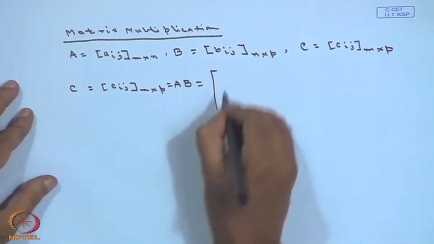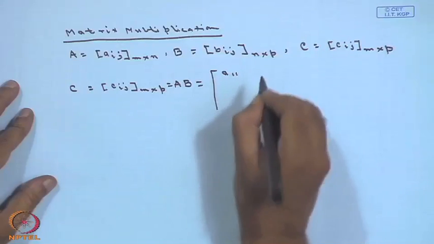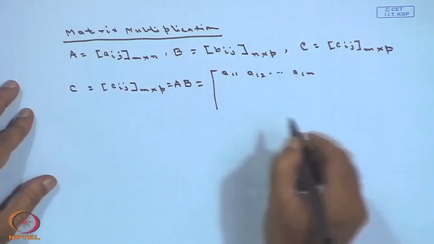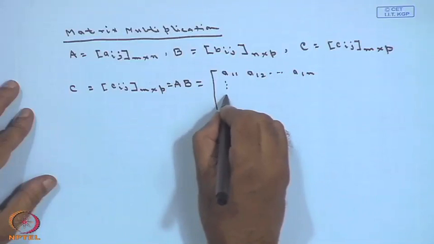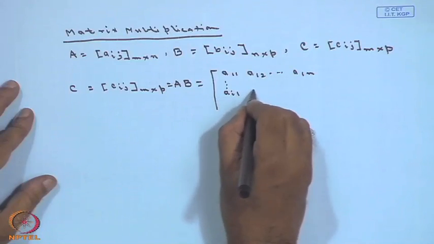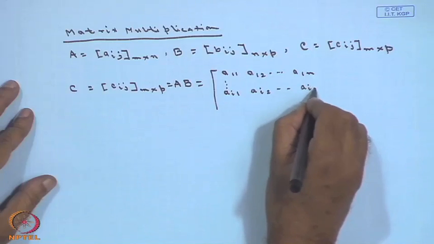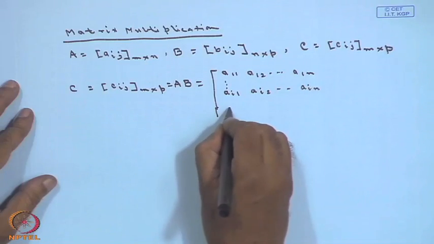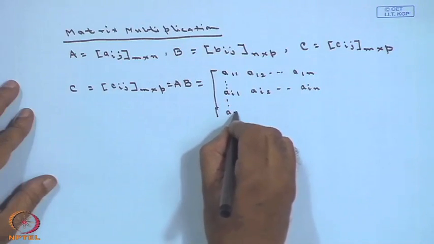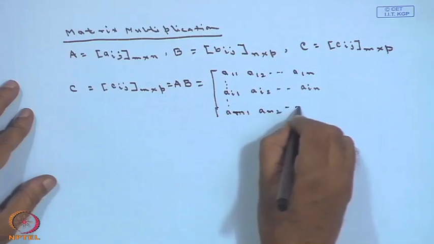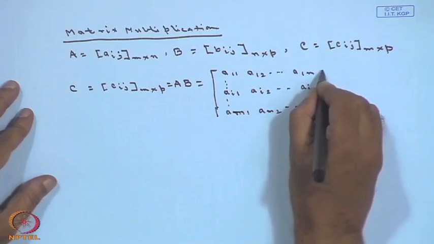I am just writing this to show you in detail. You have A11, A12, A1n. Like this, in the middle you have the ith row Ai1, Ai2, Ain, and at last you have Am1, Am2, Amn.